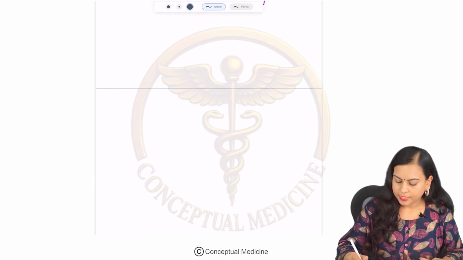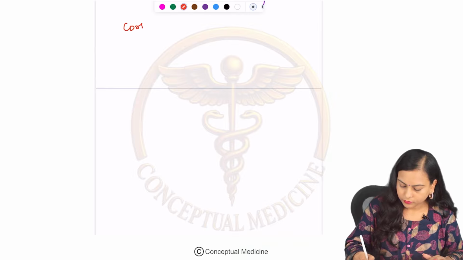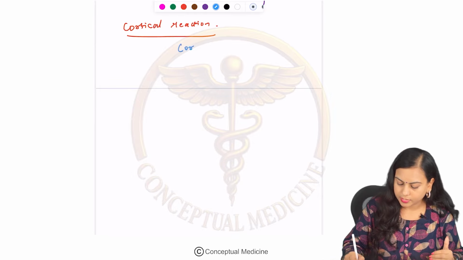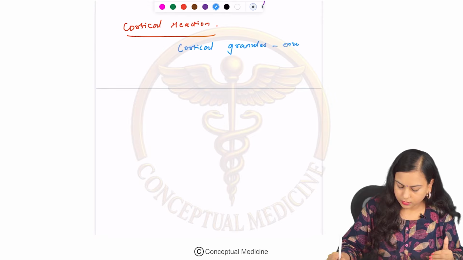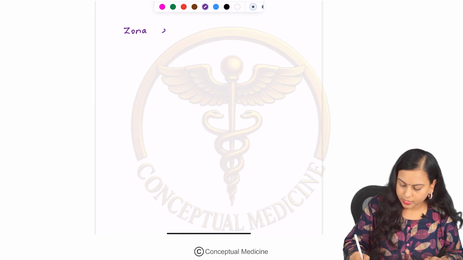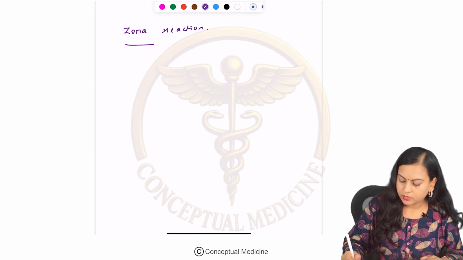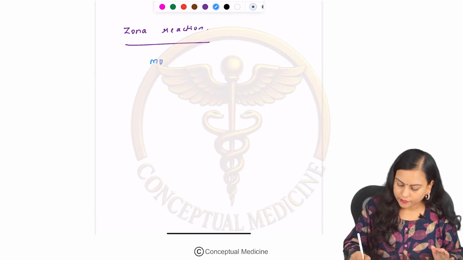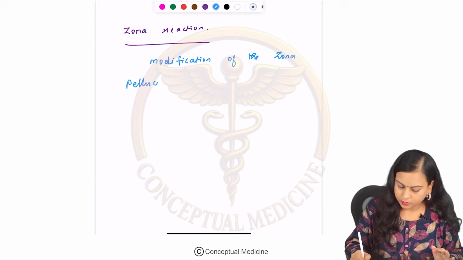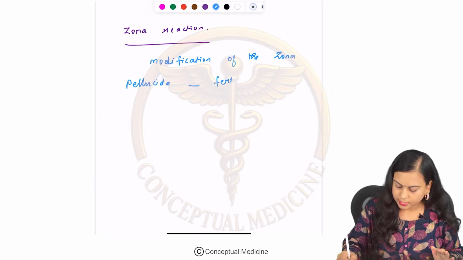Then there will be something called the cortical reaction. The cortical granules that are present in the egg will be releasing enzymes. And finally, we'll also have something called the zona reaction. This is nothing but modification of the zona pellucida in response to fertilization.